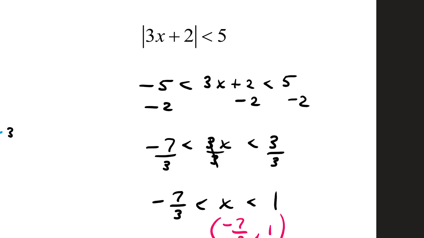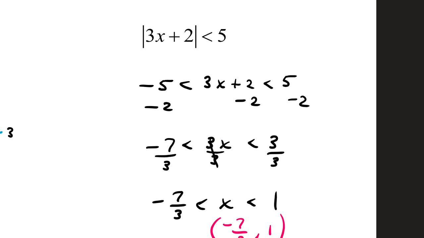3x plus 2, when it's between these two numbers, when we solve for x, we can start by subtracting 2 all the way through. Left side subtract 2, that's -7. The middle subtract 2, that leaves 3x. Right side subtract 2, that leaves 3. 3x can be reduced down to x by dividing by 3.